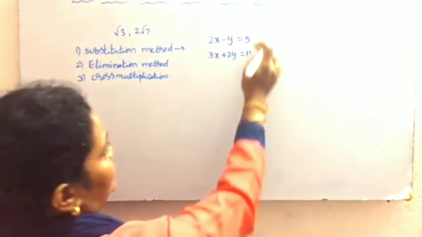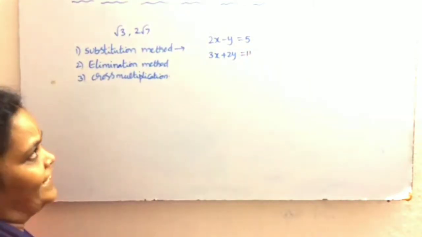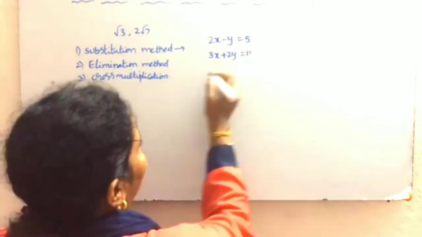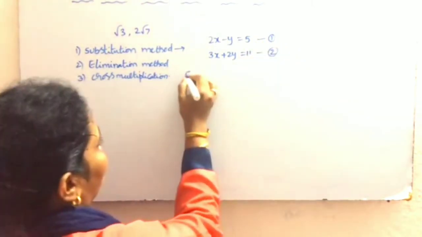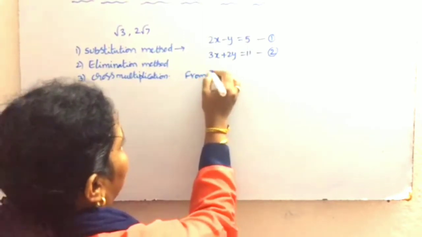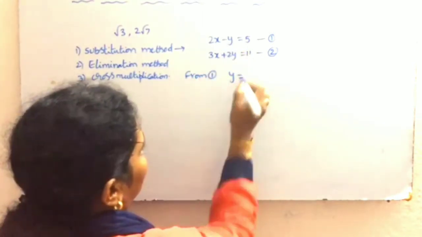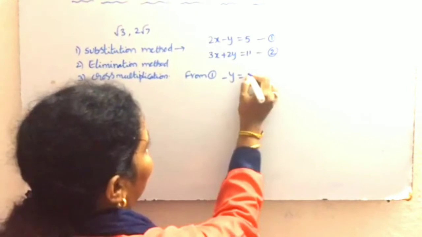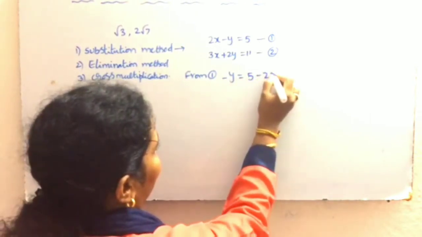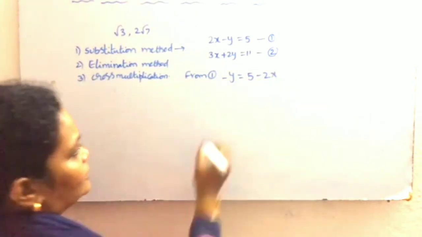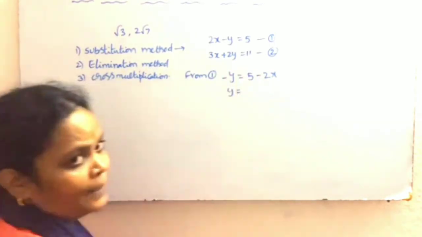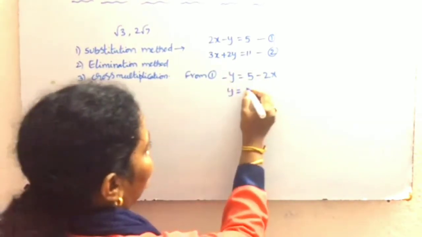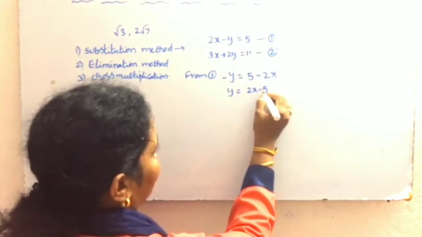So these are two linear equations. This is the first equation and this is the second equation. From the first equation, minus y equal to 5 minus 2x. So y equal to, multiplying by minus on both sides, 2x minus 5.